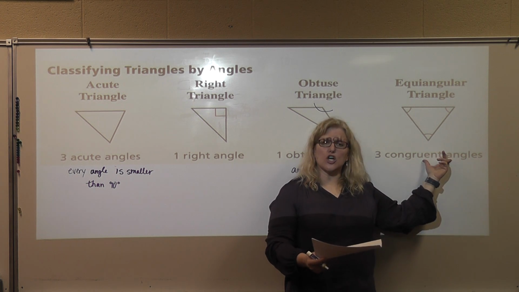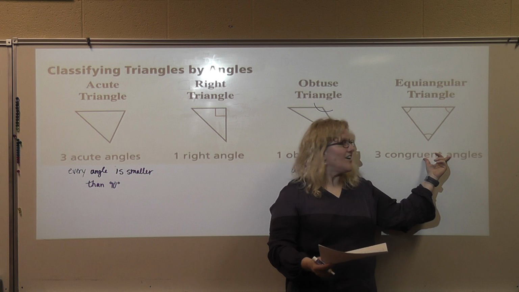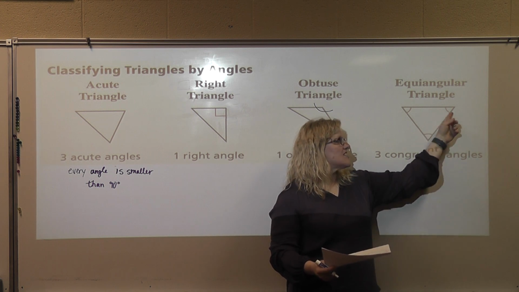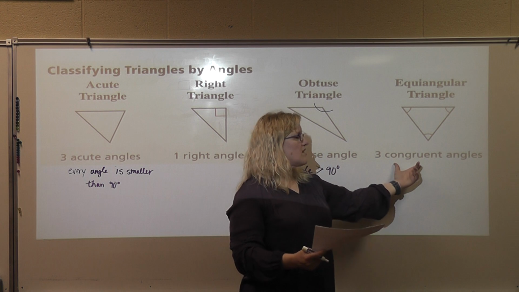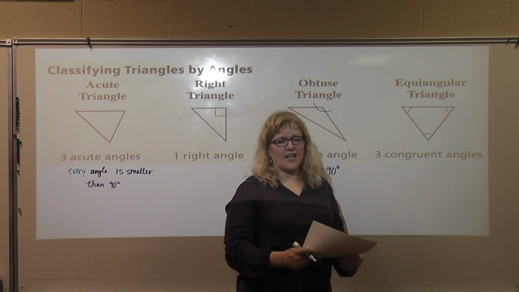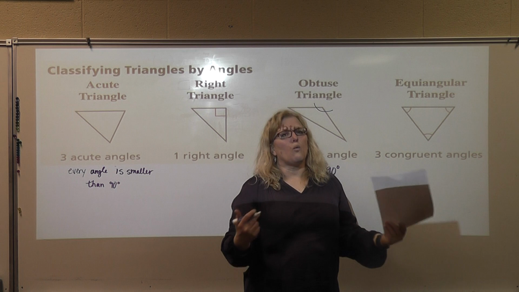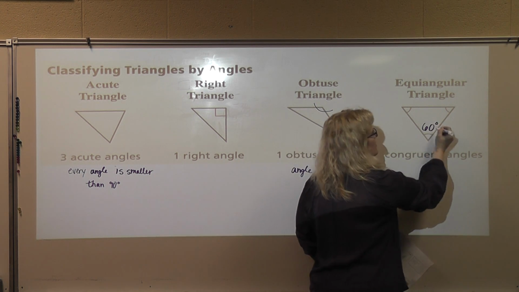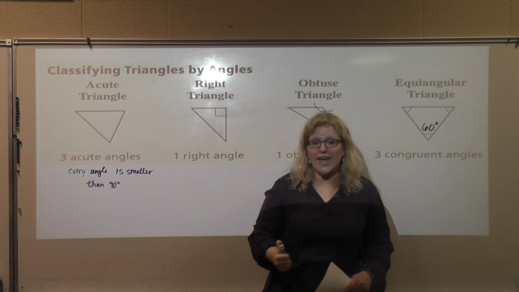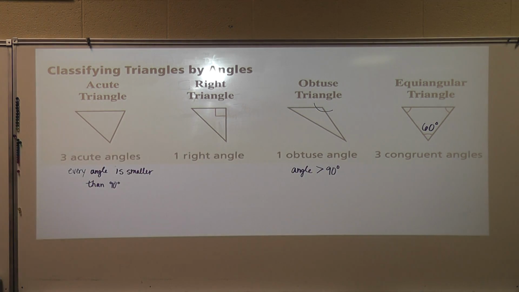The equiangular, it's hard to say, means that every single angle is the same. That means that the angles are all congruent. And in a triangle, what would that be? They would all be 60 degrees. Okay, get ready for the next one.